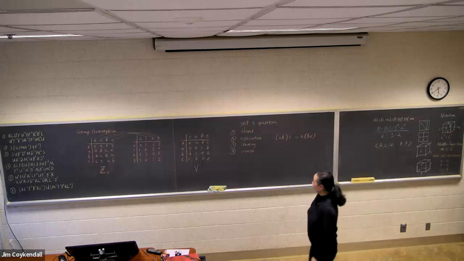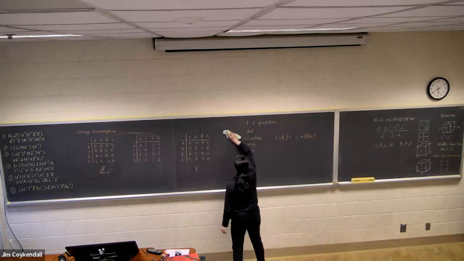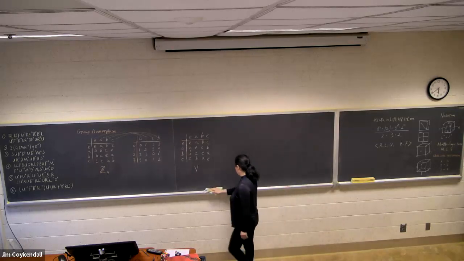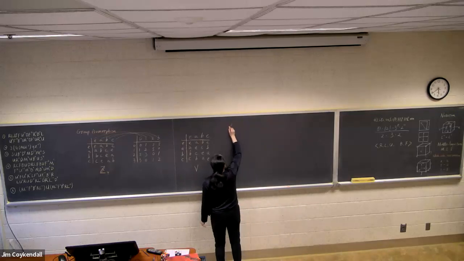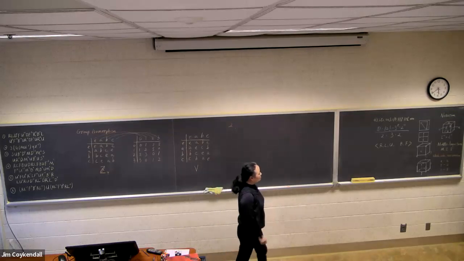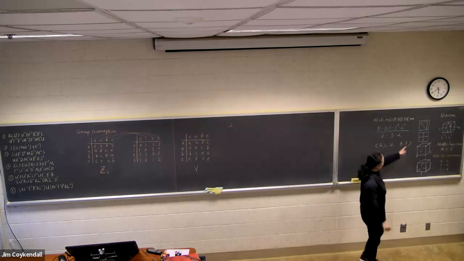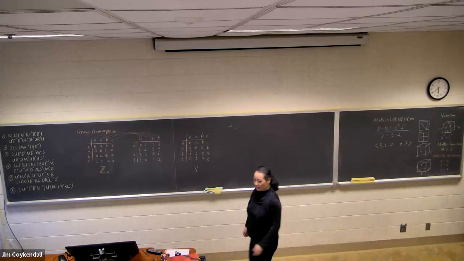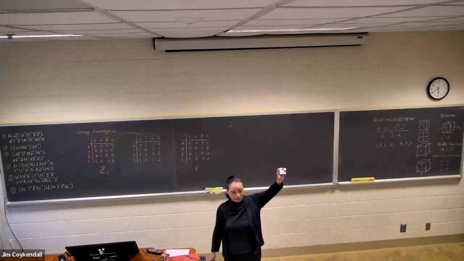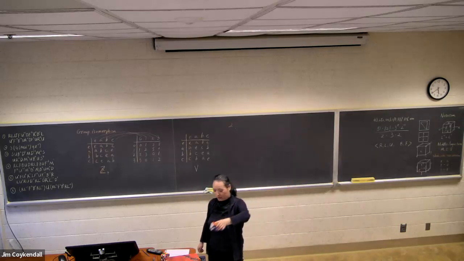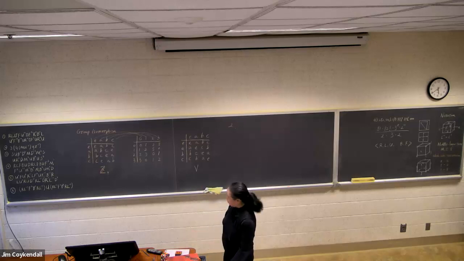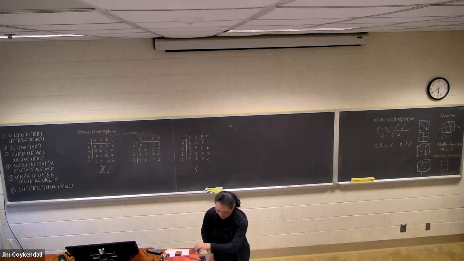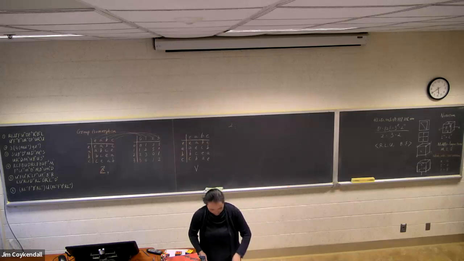So now, what subgroups have order 2? We already have them here, right? This one has order 2. Or this one, the one that flips 2 edges, has order 2. Or these. Or these, right? Order 2.